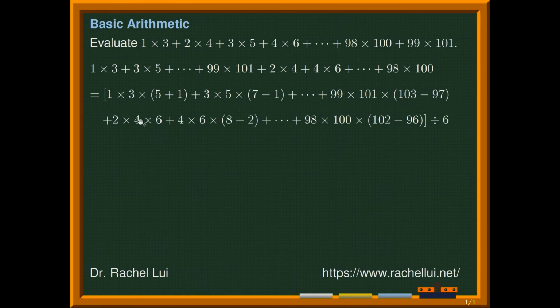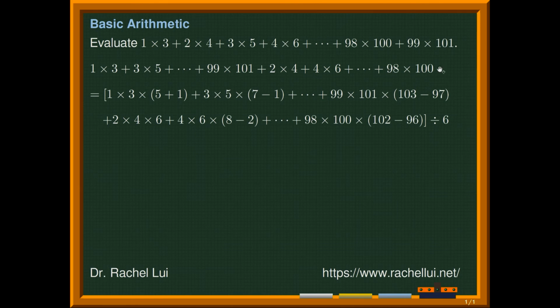I do the same for the even terms. So 2 times 4, I will multiply it by 6. And the next term, 4 times 6, I will multiply it by 6. But then I write this 6 as 8 minus 2, so that I will have 4 times 6 times 8. I will also have 2 times 4 times 6.